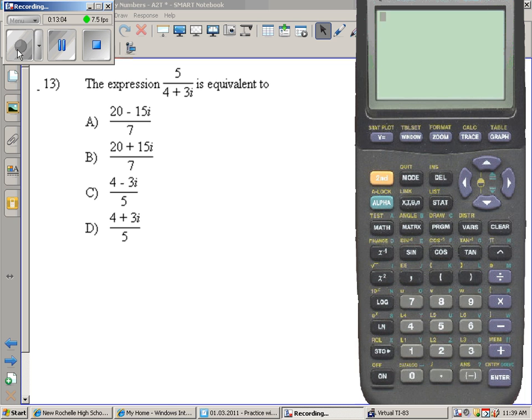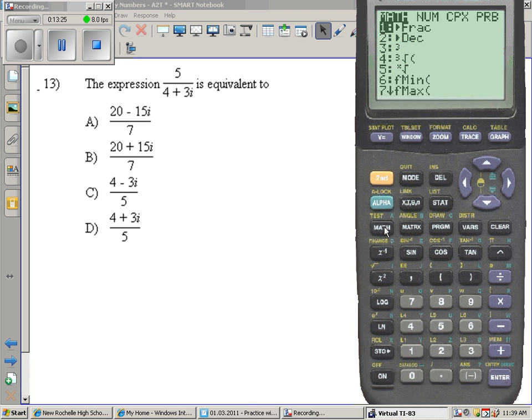So number 13 you can do real sneakily. Watch this one. We're going to type this into our calculator. 5 divided by, you got to put this in parentheses because we want everything in the bottom to be down there. Then you hit enter and you get that. I showed you before. How do you convert that to a fraction? Math. So which one is it?